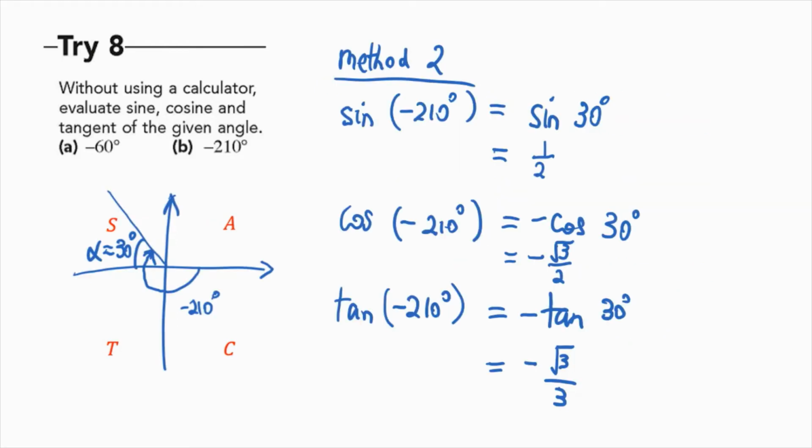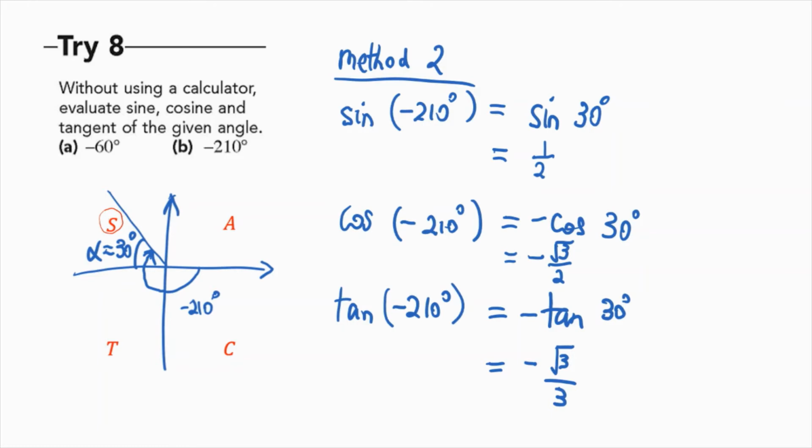For method 2, since theta is negative 210 degrees, I can draw it in a clockwise direction, showing negative 210 degrees for my theta. So negative 210 degrees will be in the second quadrant. In the second quadrant, my reference angle will be 30 degrees. In the second quadrant, only sine theta will be positive.